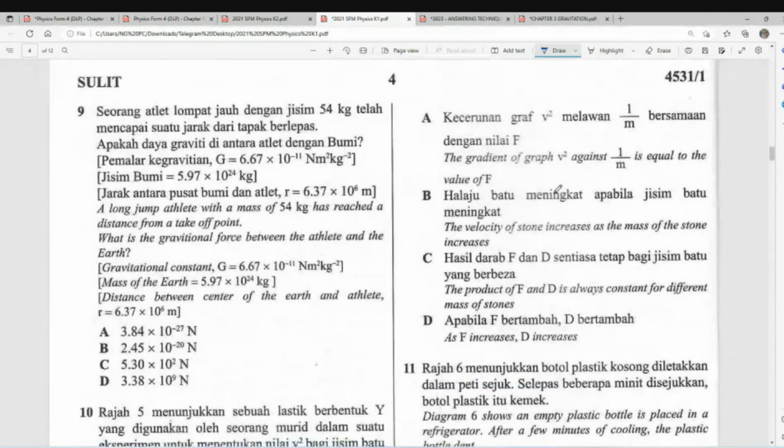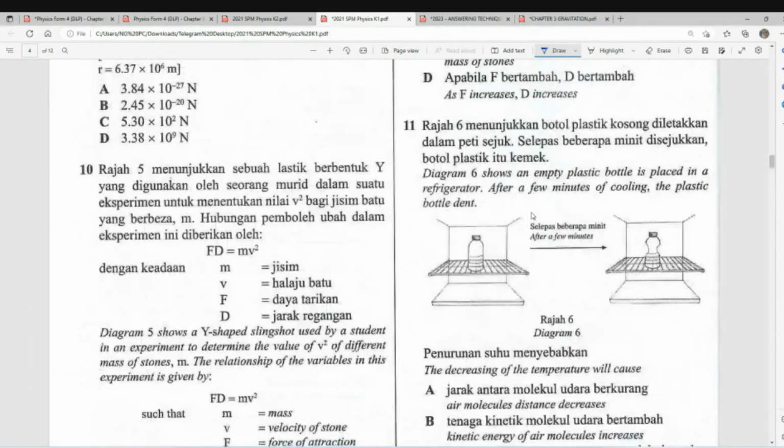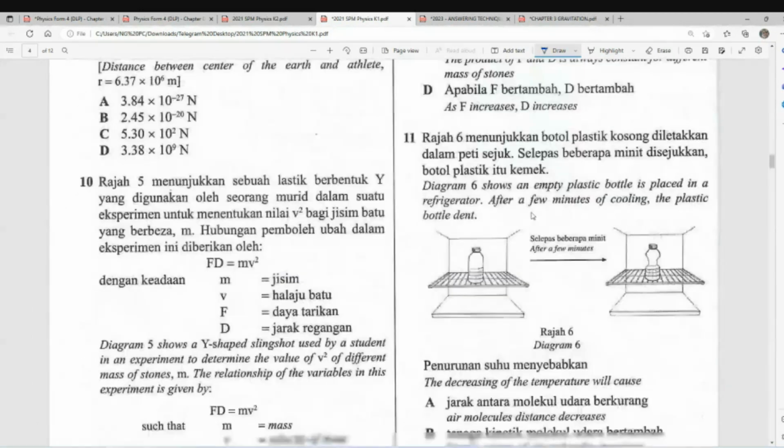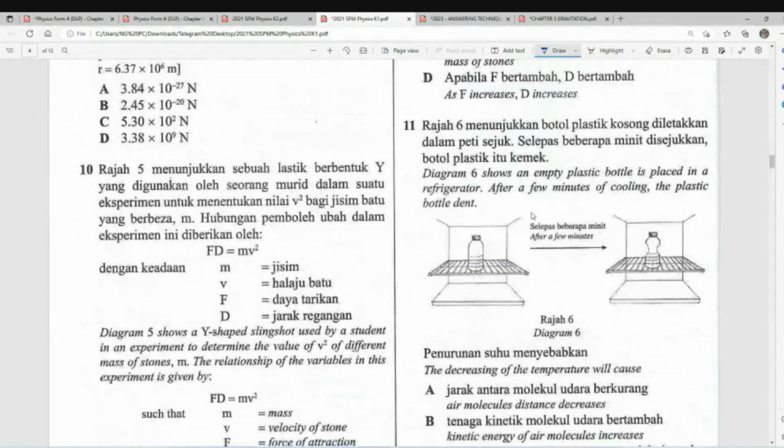This is what I mentioned from chapter 1: you have to learn, based on the formula given, how you are going to study the relationship. Like this one, I see v squared against 1 over m, equal to the gradient. So here is the formula. When you rearrange it, you have Fd equal to mv squared.